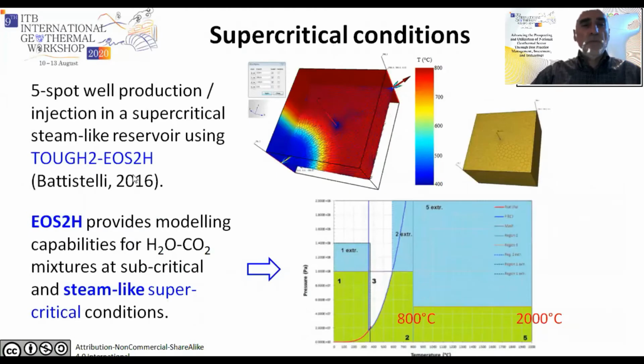Another possible code is TOUGH2 EOS2H, which is for mixtures of water and CO2 that can be used at subcritical conditions and steam-like supercritical conditions. Steam-like means that we cannot model region 3 of the PT space because those correlations are not used.